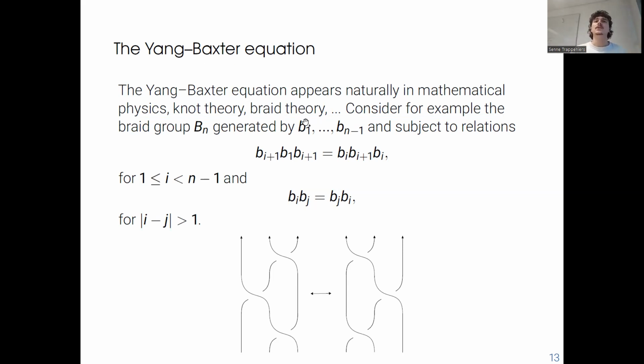What does the B1 or Bi mean in general? This means that we take the ith and the i plus 1 strands and we twist them. And what are the relations that we have in our braid group? Well, precisely, oh, sorry, that's a typo, so the one here should be an i.